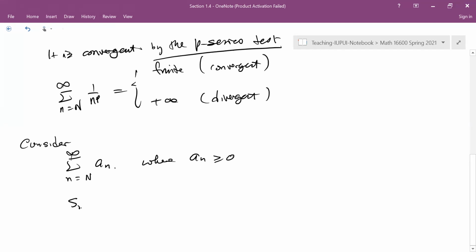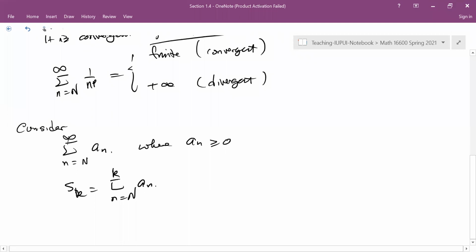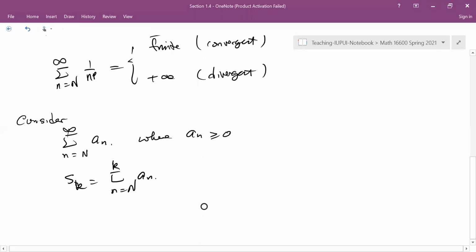Then you look at the partial sum. This partial sum is another sequence, and clearly S_n plus 1 is bigger than S_n, so it's increasing.